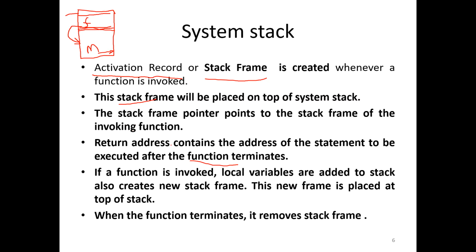If a function is invoked, its local variables are added into this stack frame. When the function terminates, that frame will be freed, retaining only this part. When the main function is also over, this is also freed.